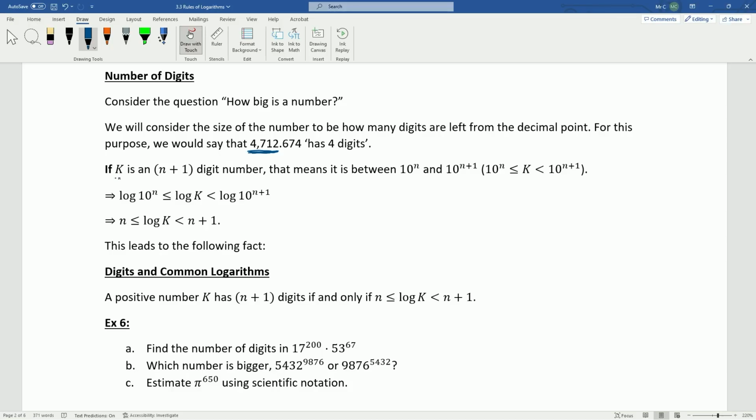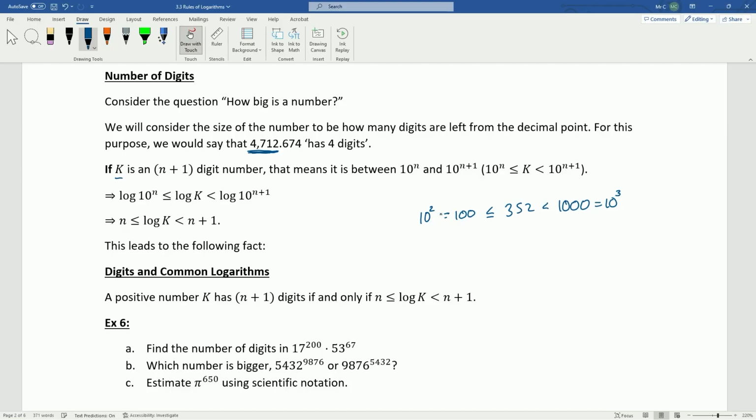So if we take some number k that has n plus 1 digits, that means it's a number between 10 to the nth power and 10 to the n plus 1th power. So if you don't see exactly what that means, well, think about this. If I have, say, 352, that's between 1,000, which is 10 cubed, and 100, which is 10 squared.